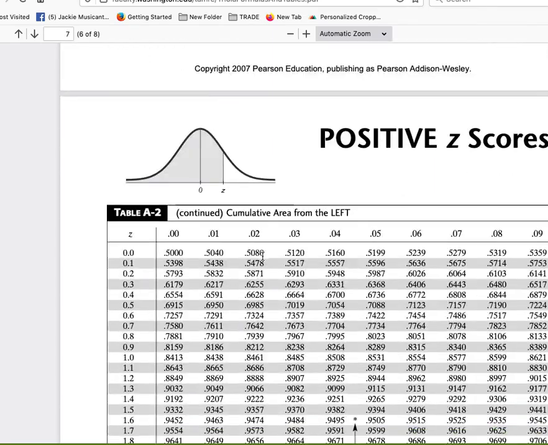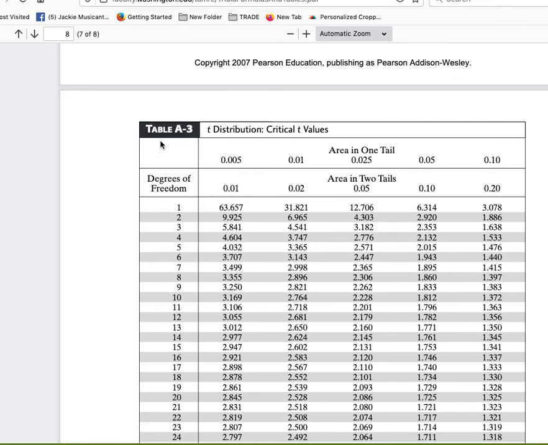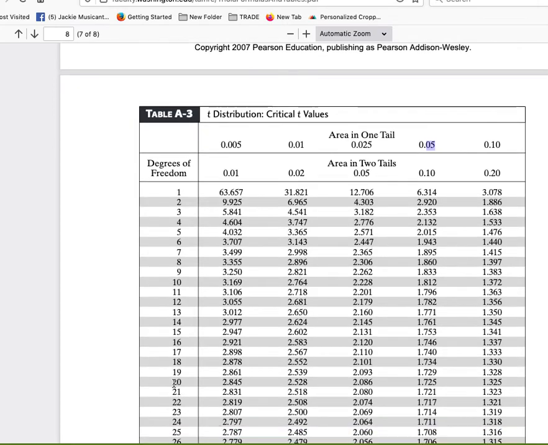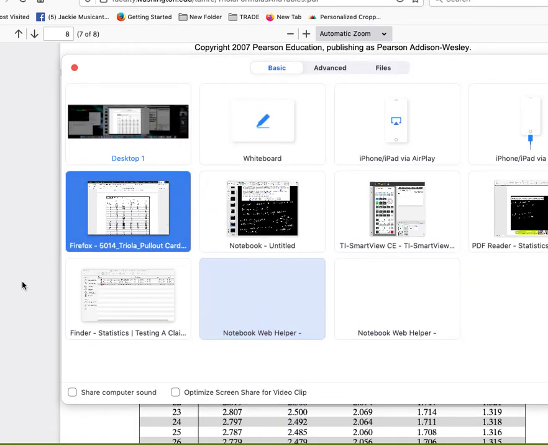Where is it? Here, right? T distribution, critical T values. Your area in one tail is 0.05. You have 20 degrees of freedom. So I'm on this row, right? In this column, 1.725. You get the same thing, okay? If you're using the table versus the calculator.